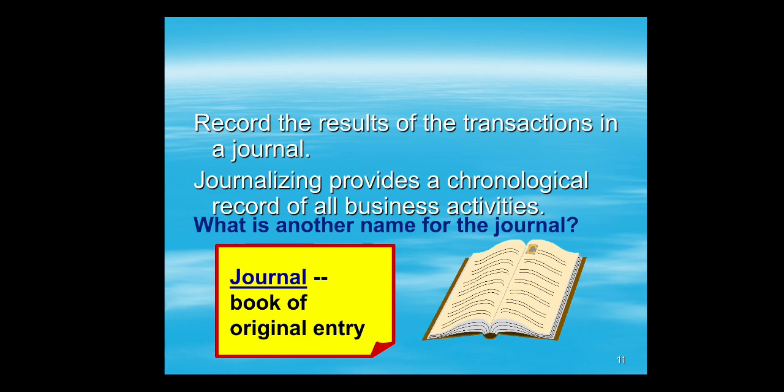Every time a transaction happens, you write the record. So the first transaction that happened to the business will be written at the top of the page, and then the second transaction is after that. The third transaction is after that. So in the journal, the records are in accordance with the time the transaction happened. It is in chronological order.